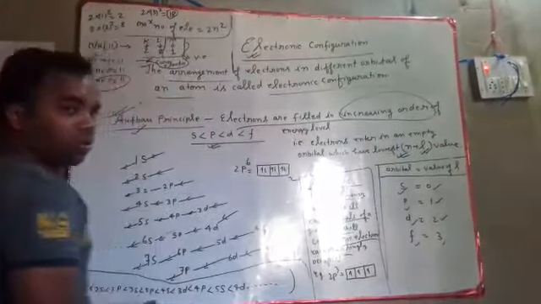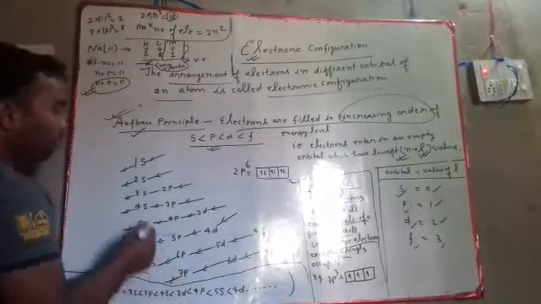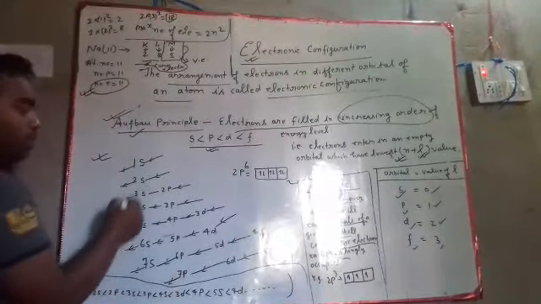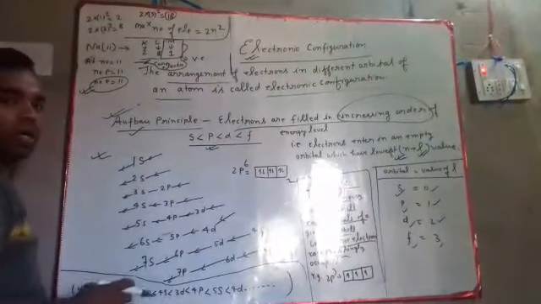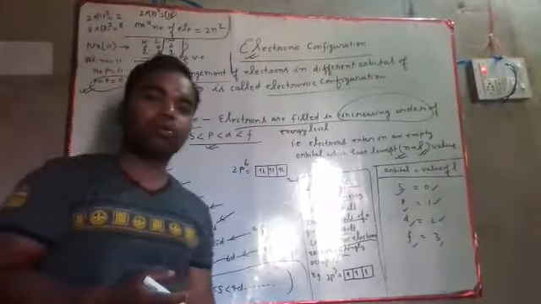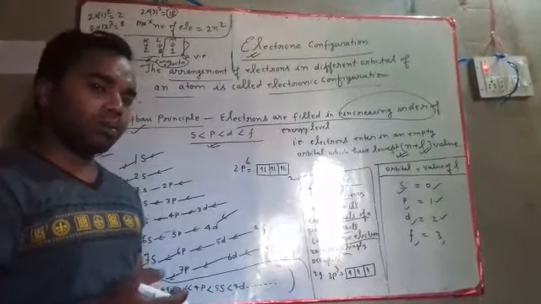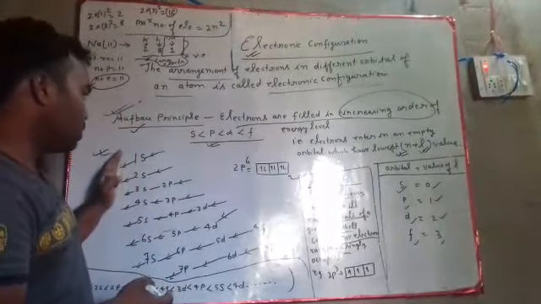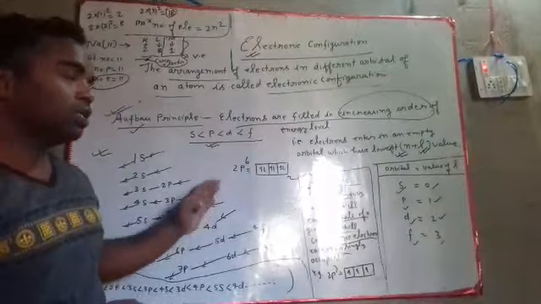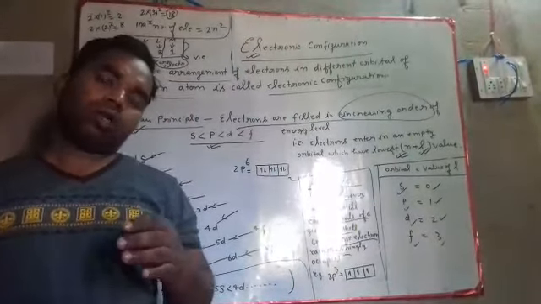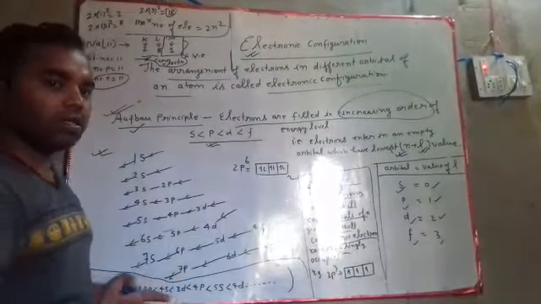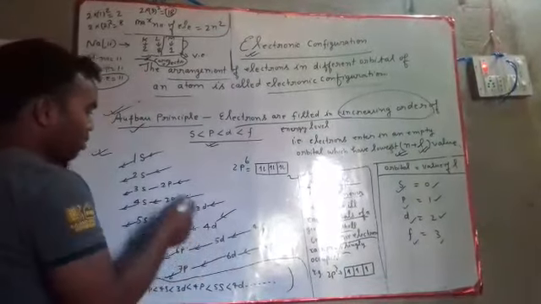Now you will have to remember the energy level diagram. This is the energy level diagram, and in the WhatsApp group for 9th class, a PDF of this diagram or electronic configuration is given. You can see that and learn.